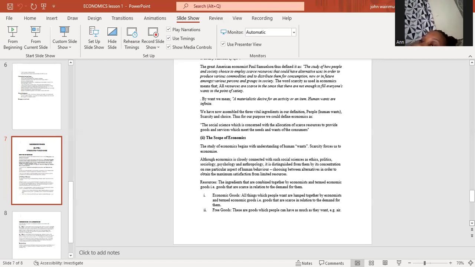So if you are an economist, planning or choosing an option that is going to maximize your satisfaction, then you have to choose an economic item that you're going to dispose of or sell and get economic value that is going to satisfy your wants.